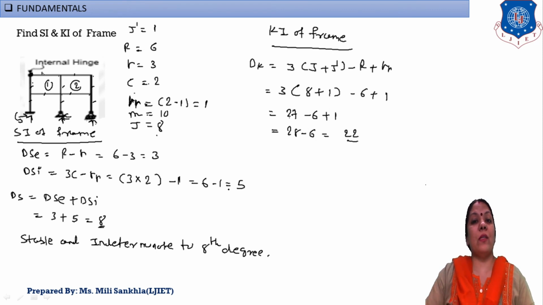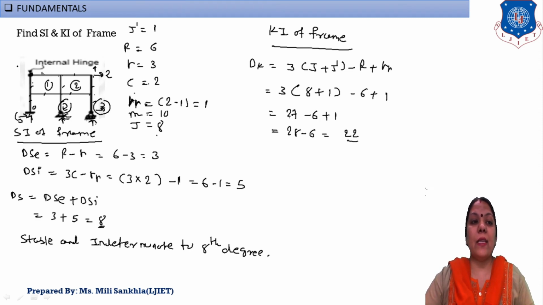Now is my answer 22 right or wrong? First of all we verify it, one by one. Here fix, that means 0. Hinge is allowing for moment. Roller is allowing for axial and moment. This is our degree of freedom. And this joint is allowing 1, 2 and 3, and the number of such joints is 1, 2, 3, 4, 5.